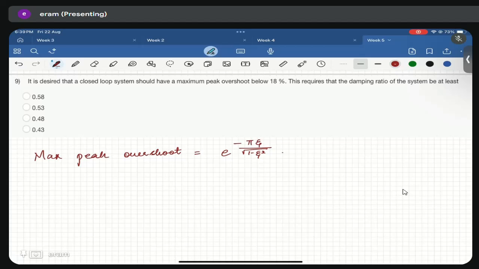Okay, maximum peak overshoot is given by e to the power minus pi zeta divided by under root 1 minus zeta square, and we need it to be less than 18%, meaning we need it to be less than 0.18. Now you have to just find zeta. Take ln on both sides and then solve.